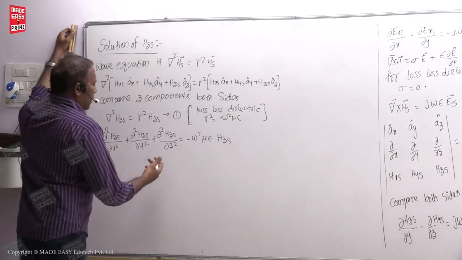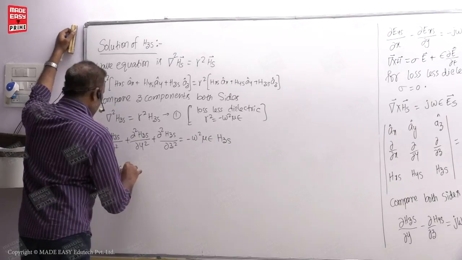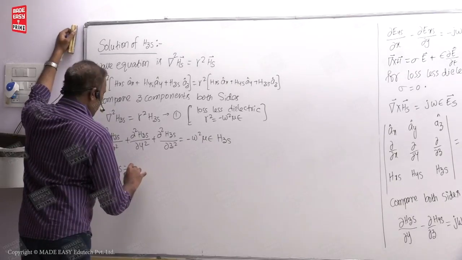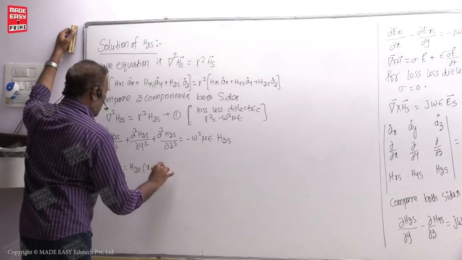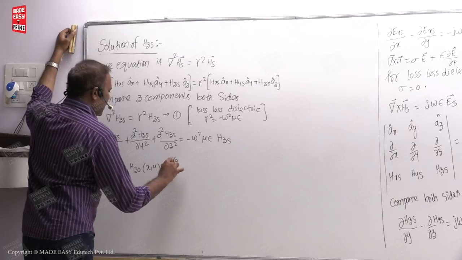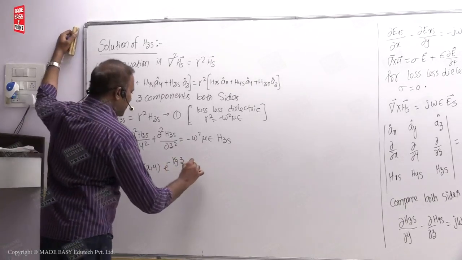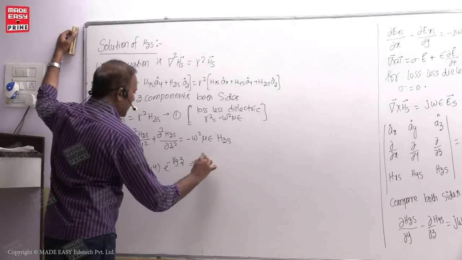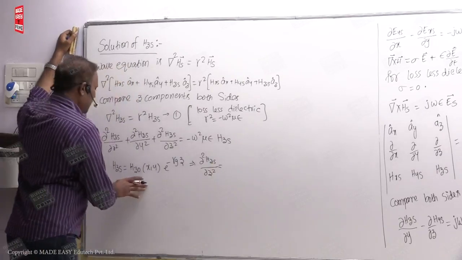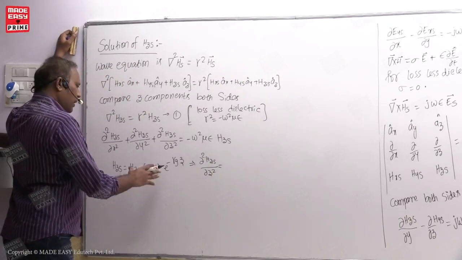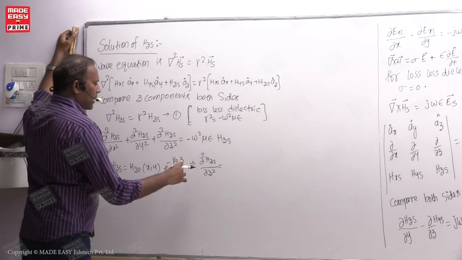Okay. Now, already we know that Hzs is equal to Hz0, a function of xy, e power minus gamma g into z. Then if you differentiate this, dou square Hzs divided by dou z square, two times, you get the same thing but two times, minus gamma g into minus gamma g.